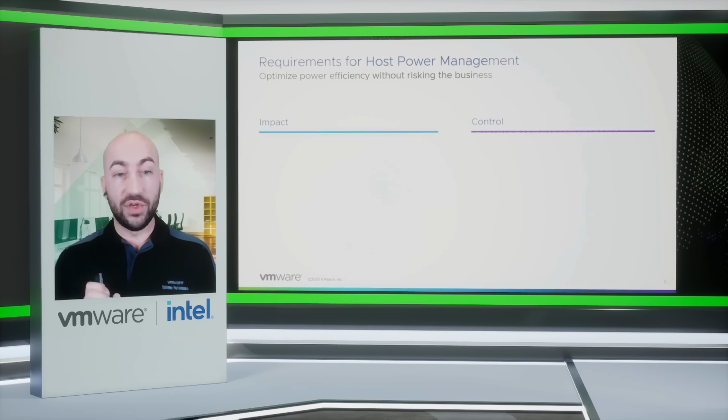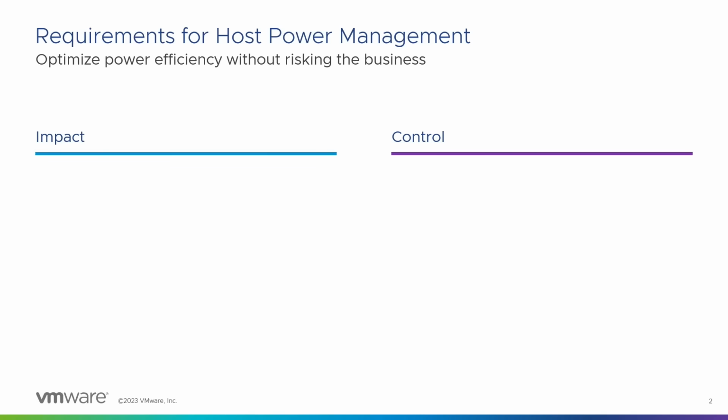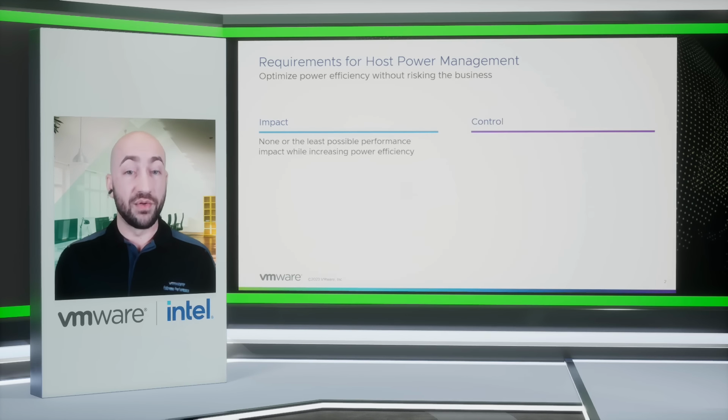So when we talk about host power management, and some of what Frank has said before, this is applicable to some of the low-risk environments, but at the global host power management level, what is the impact? We want none, or the least possible impact, while also increasing power efficiency to some extent. To what extent depends on the application, the type, and possibly the time of day.